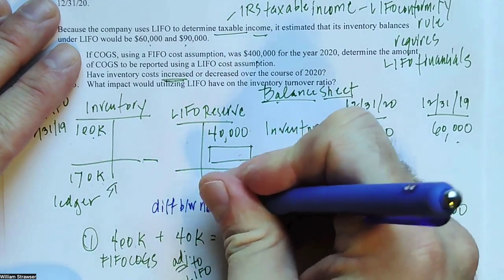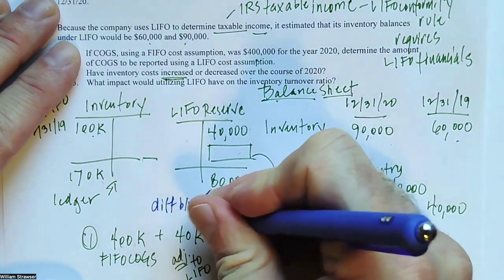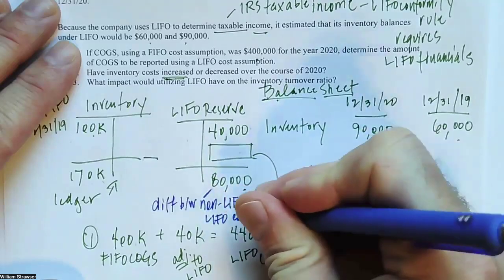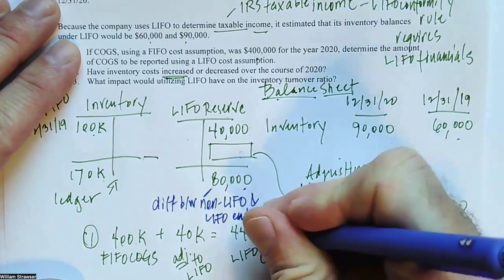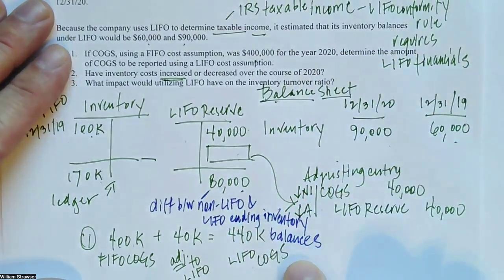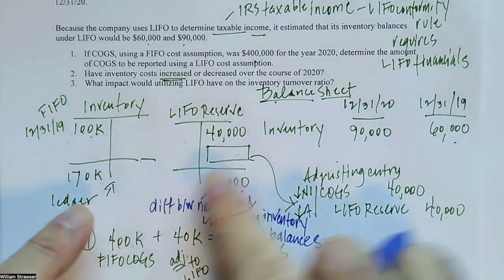non-LIFO and LIFO ending inventory, I have to enunciate that clearly, balances. Right? Well, that makes sense if you really attach meaning to what we're doing in this process.